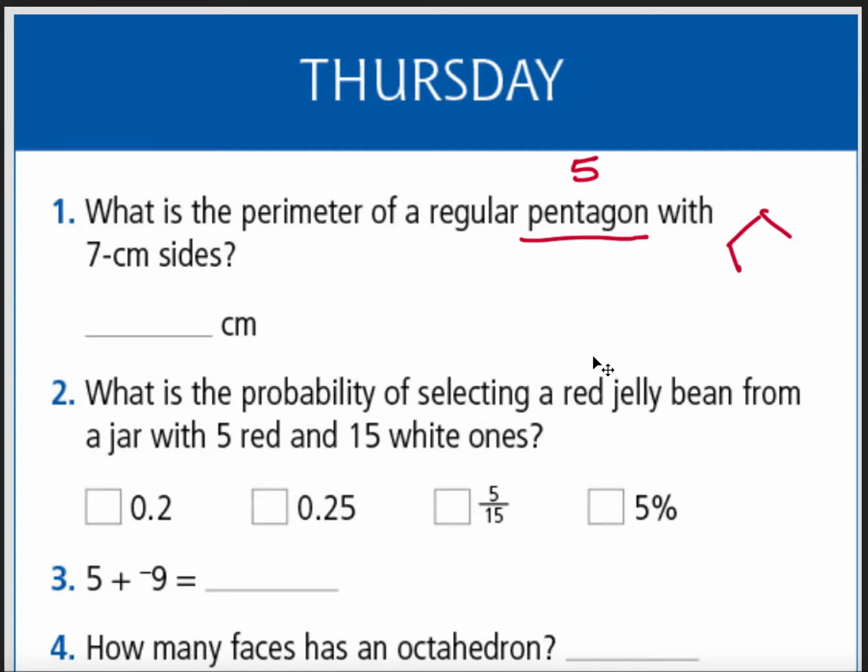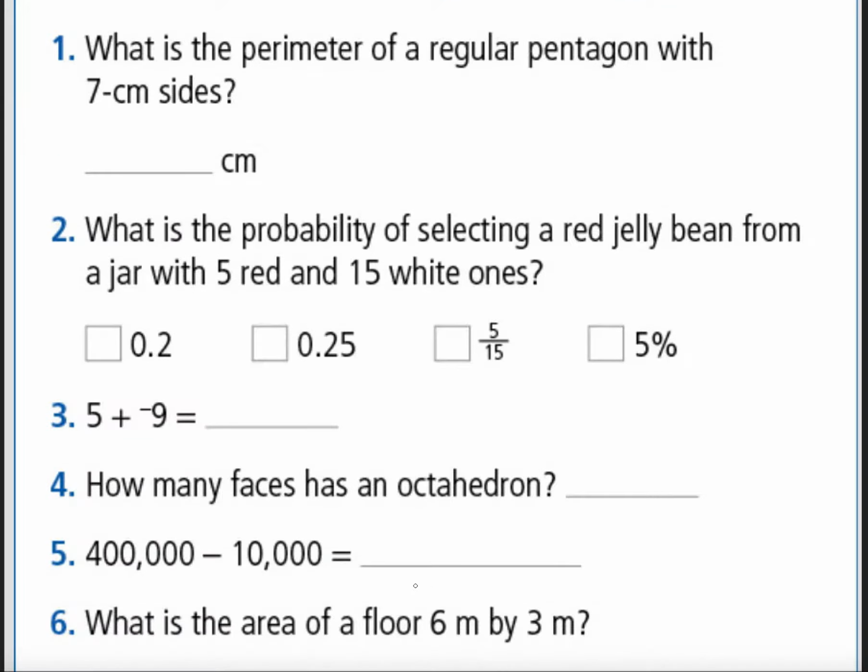So, question 3, we're adding on plus 5 and then we're taking away 9. So for this one, we're going to go on our number line, we're going to go 1, 2, 3, 4, 5, and we need some negative numbers here as well, -1, -2, -3, -4, -5. That should be enough.